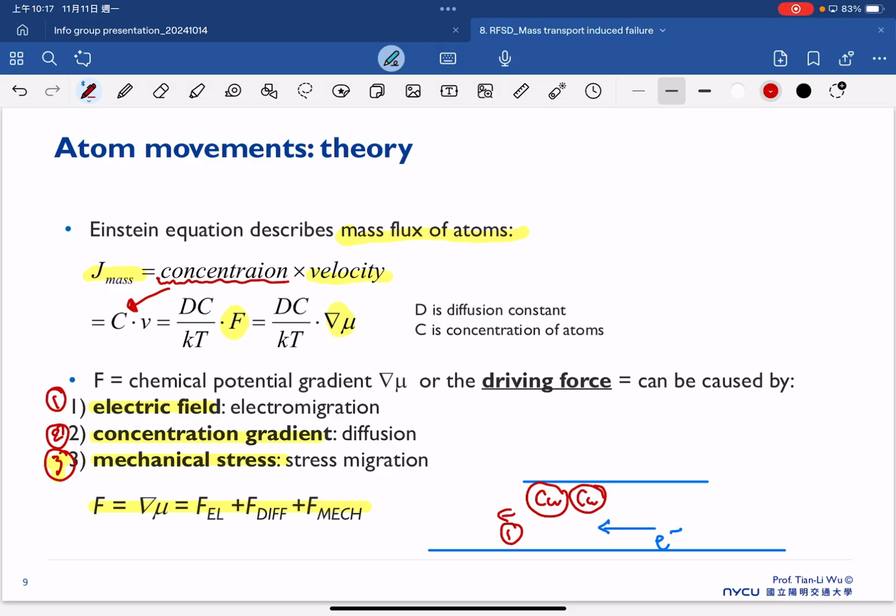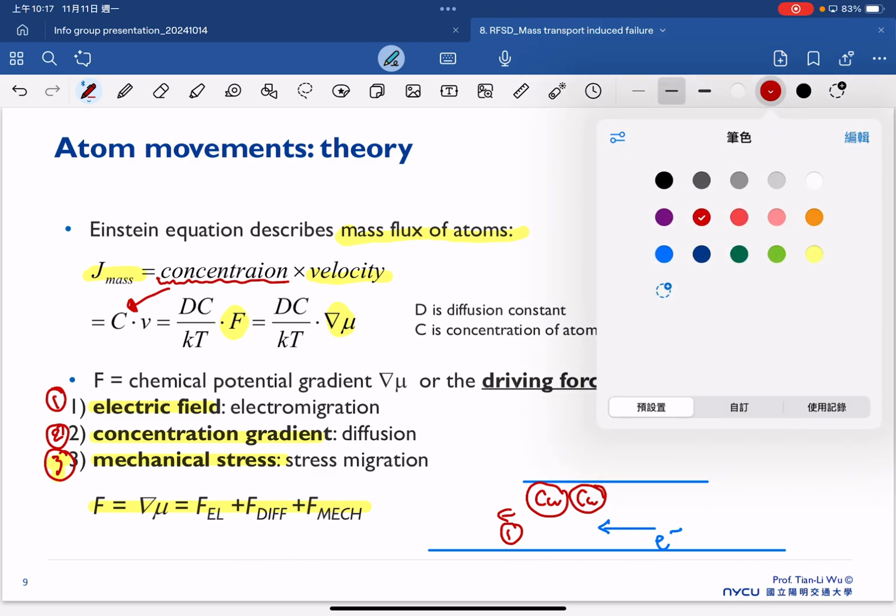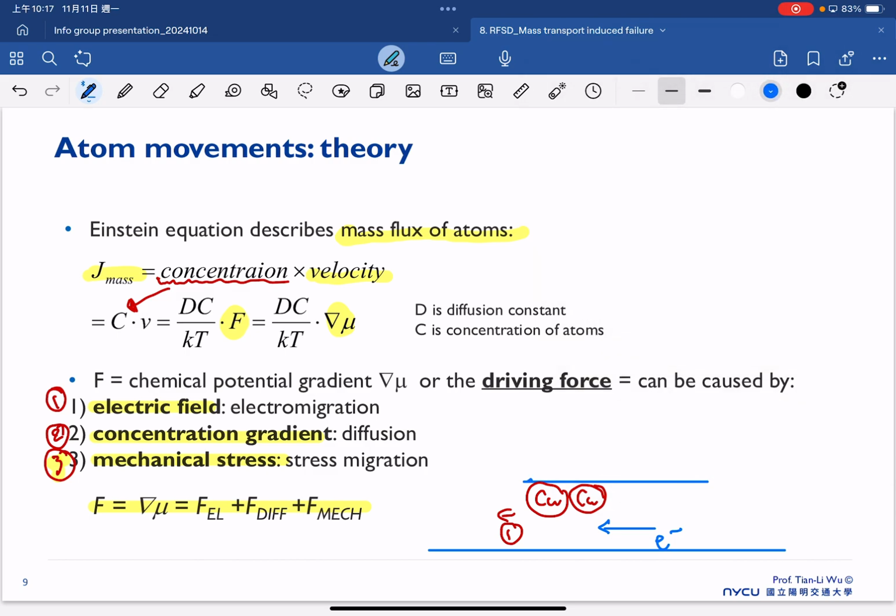But the thing is not that simple. After a certain while, we will start to foresee an accumulation of our atoms on one side. So we start to see copper atoms accumulate on the left-hand side.